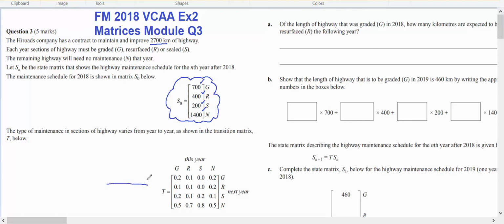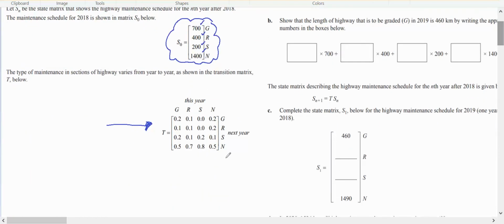And this is a transition matrix that describes what's going to happen next year. And we have 4 rows and 4 columns. So this is this year and this is the next year.